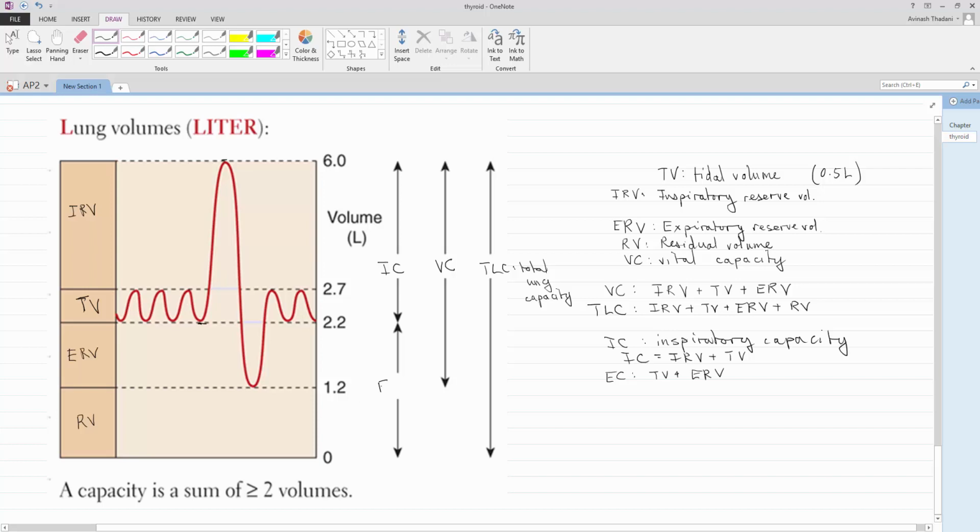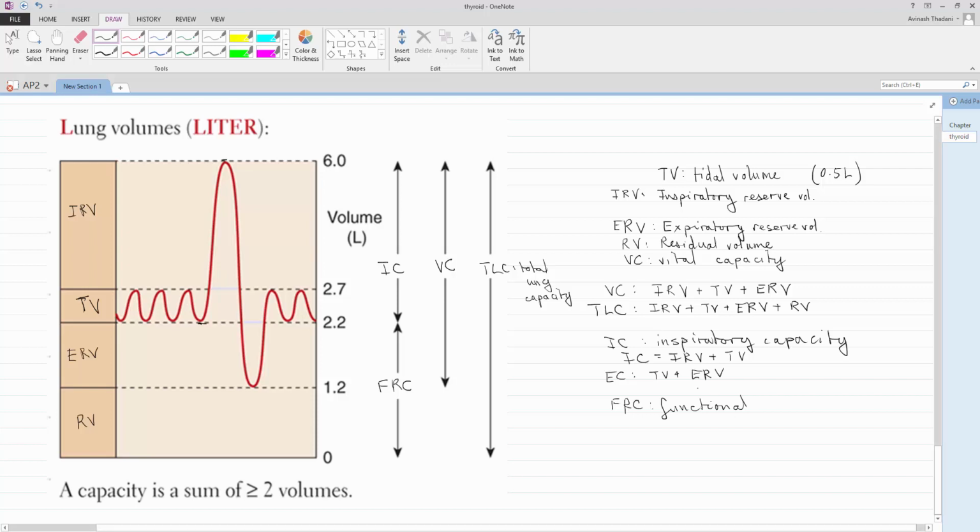Lastly, this one here is functional residual capacity, FRC. FRC is the amount of air that remains in the lungs after a normal expiration. If we expire as hard as we can, you could reach the bottom, and the expiratory reserve volume will be expired out as well. So functional residual capacity is the amount of air that typically remains in your lungs after regular expiration.